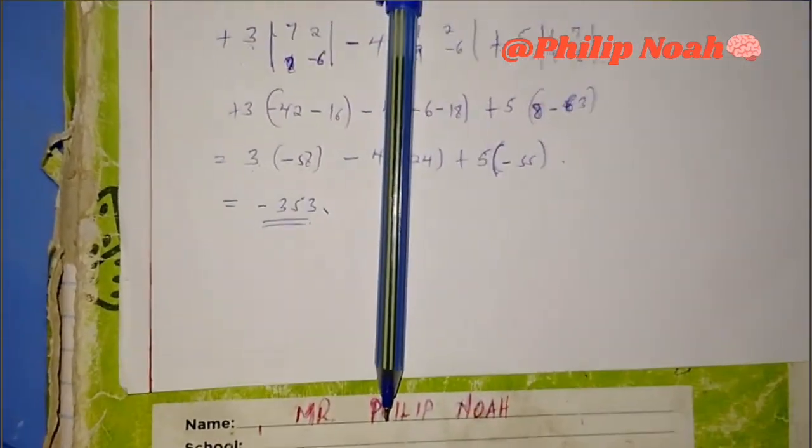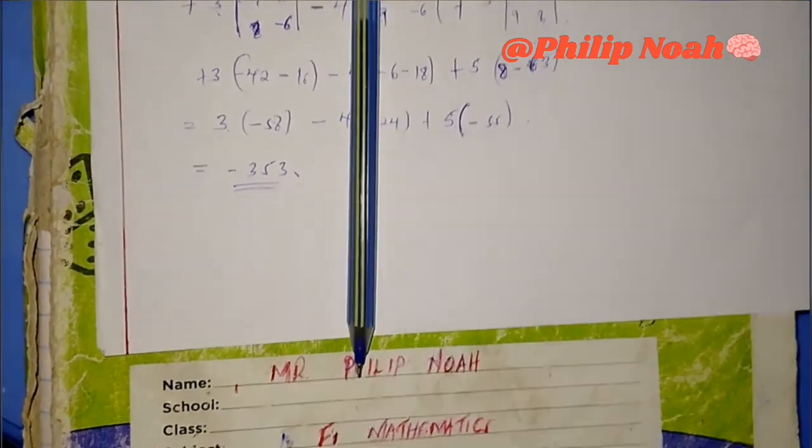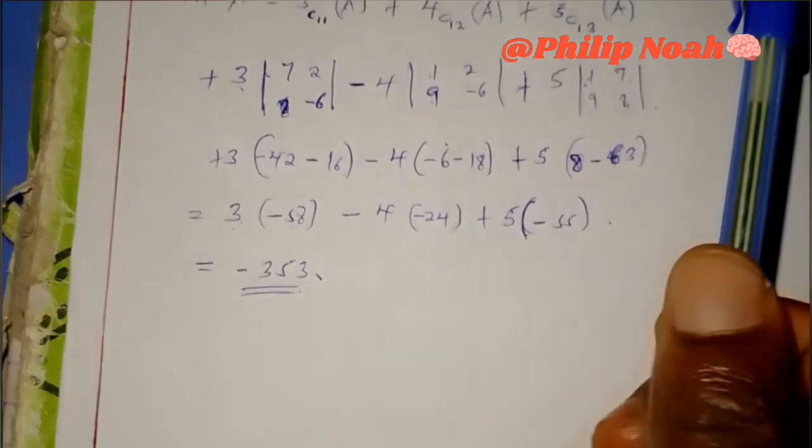Now we compute the determinant of A, or det A, by expanding along the first column.